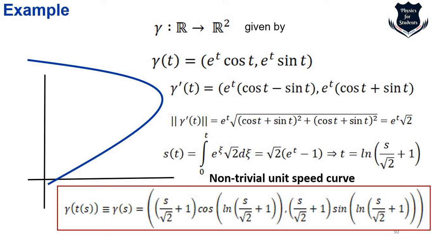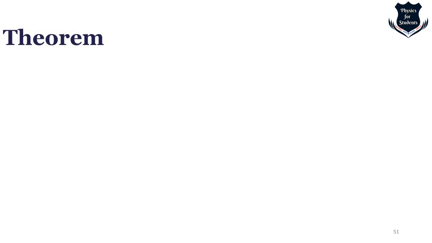If we get this and try to solve one, we can later check out those equations. We will come to the unit speed curve later, but this is just a quick example.